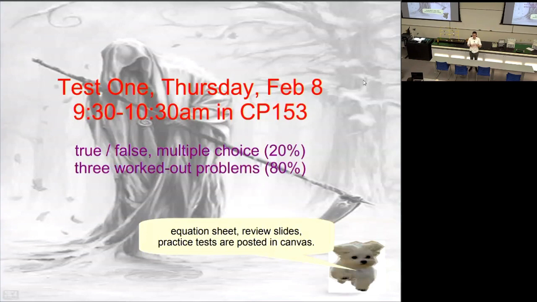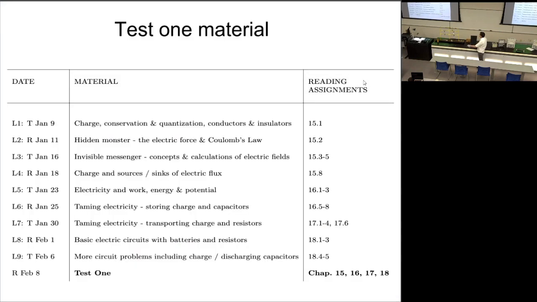There's a practice test that's online. You'll explore that in Monday's recitation class. There's a formula sheet that comes with Test 1, and there's a copy of that on Canvas. The material on Test 1 is all the material that we will have covered up to Test 1.